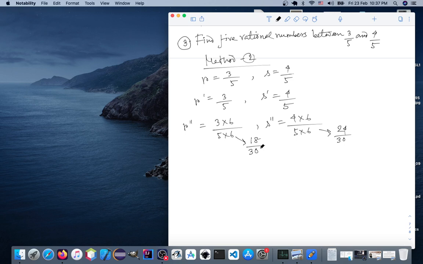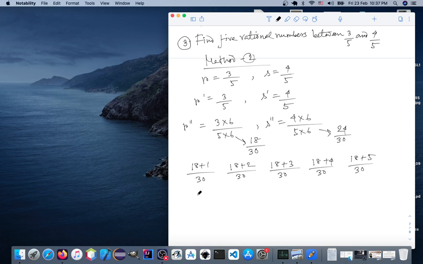So the 5 rational numbers that will lie between r and s will be (18+1)/30, (18+2)/30, (18+3)/30, (18+4)/30, and finally (18+5)/30.